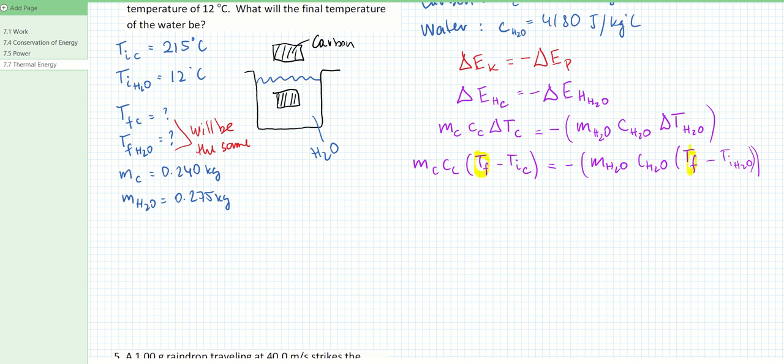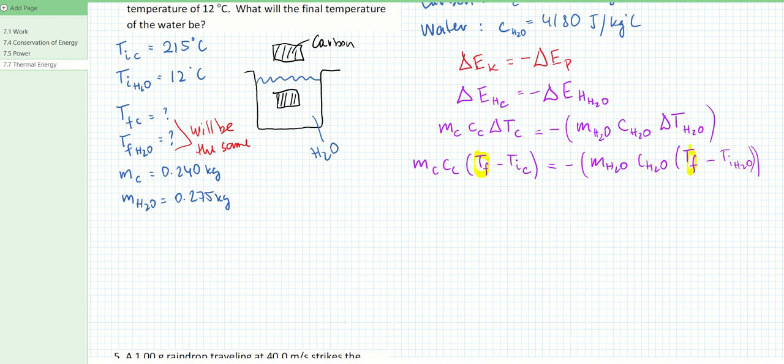We can drop one of the parentheses here on the right side. So let's do that. And what else can we do here? We'll have to FOIL this out. So we'll have to multiply MC times the T final and then MC times the initial temperature for both of them, and eventually put all the T finals together.